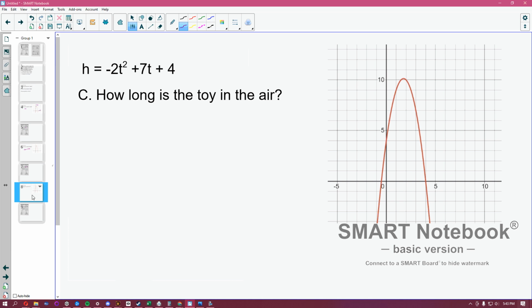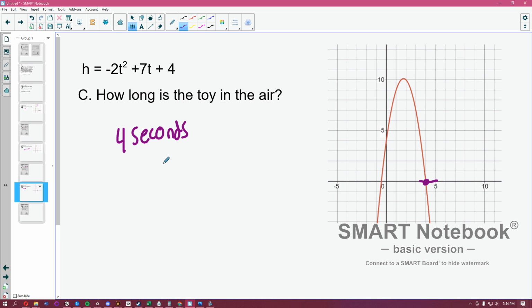So when we look at this graph, we see it hits the x-axis right around 4. So after 4 seconds, the toy is no longer in the air.